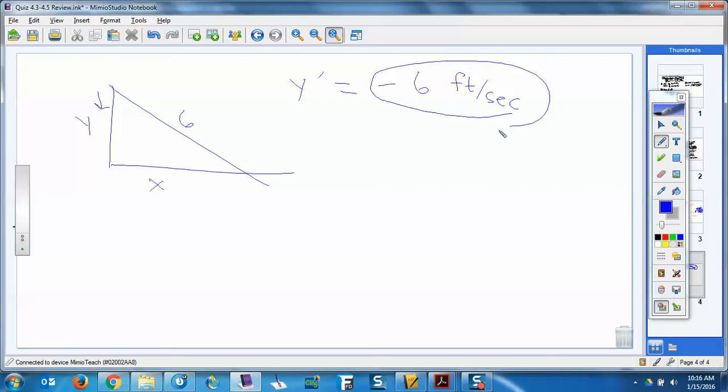So what's wrong with that? Well, it's like a double negative, right? So you'd actually be saying it's increasing, right? So either say that Y is decreasing at 6 feet per second, or say it's changing at negative 6 feet per second. Does that make sense? Don't do both. Don't say it's decreasing at negative 6 feet per second, because technically that's not correct, right?